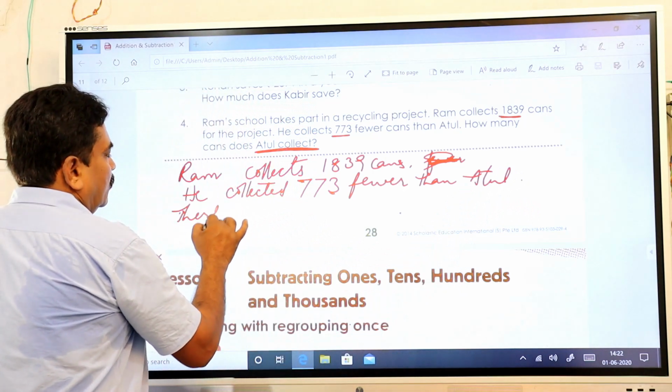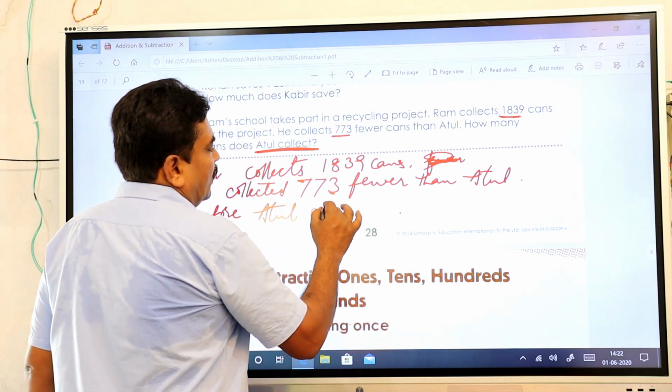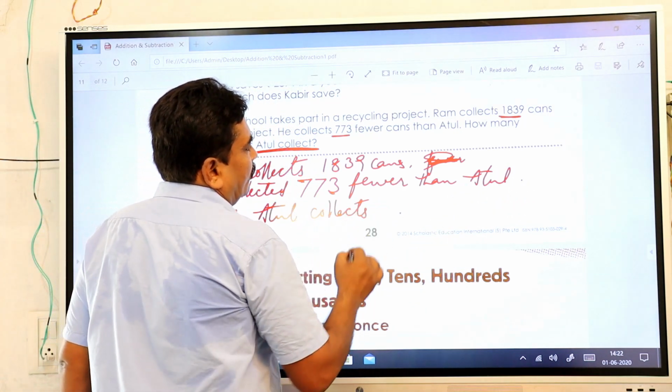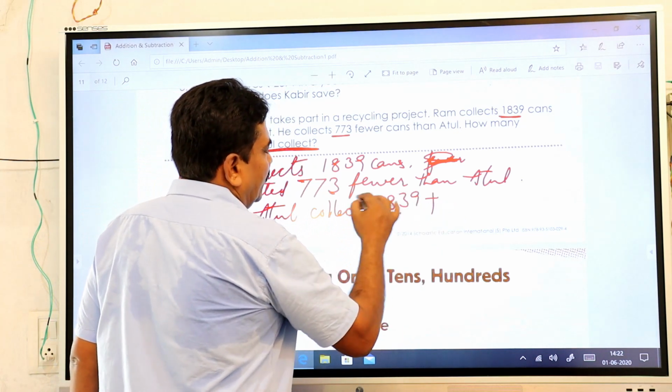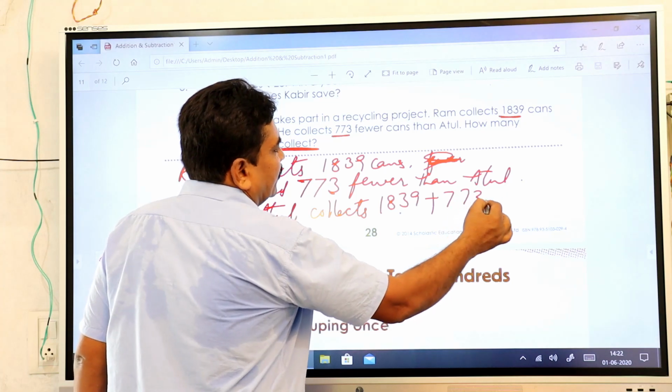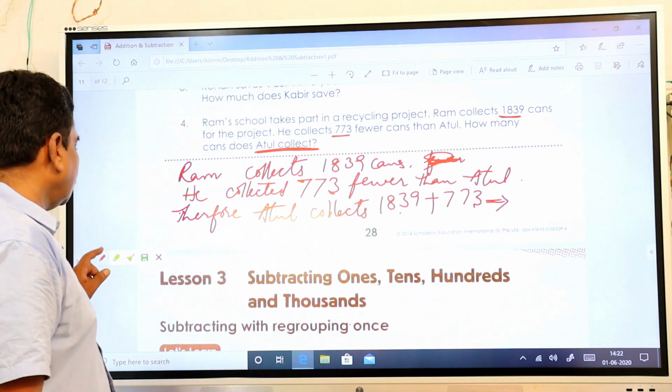Therefore, Atul collects 1839 plus 773. You get the total. So we'll add.